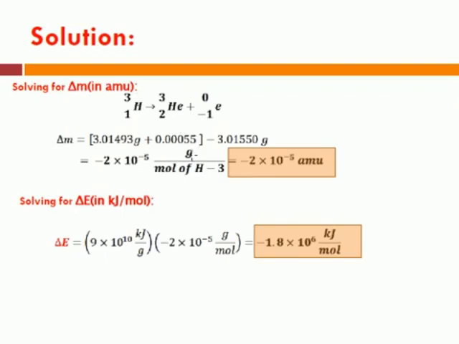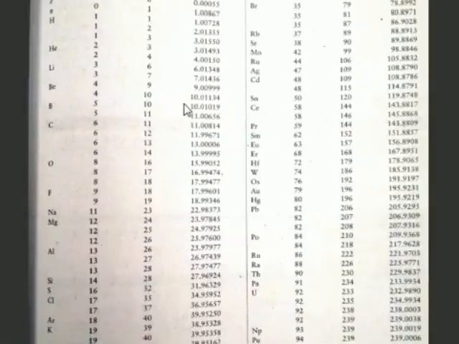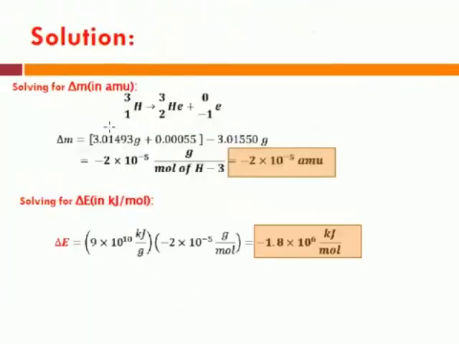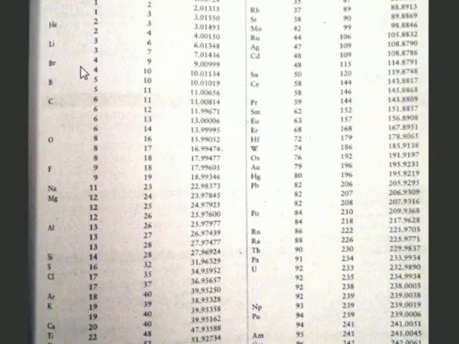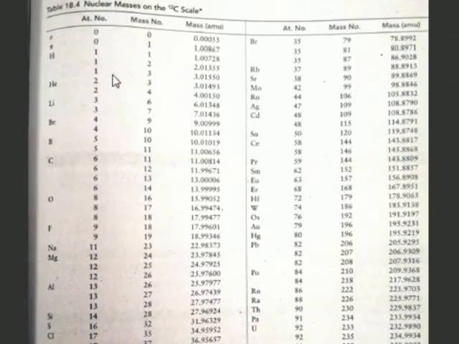For helium-3, we have 3.01493. Then plus for the beta particle, we have 0.00055. Then minus for hydrogen-3, we have 3.01550.